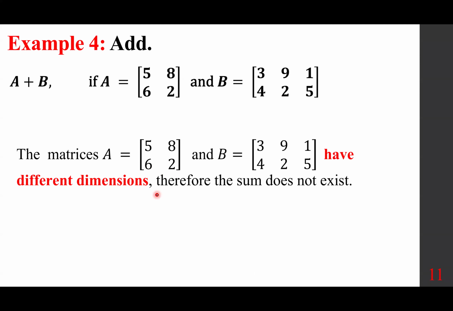It's undefined. Why is that? A is 2 by 2, and B is 2 by 3. Can't be done. In order for you to add two matrices, they must have identical dimensions.